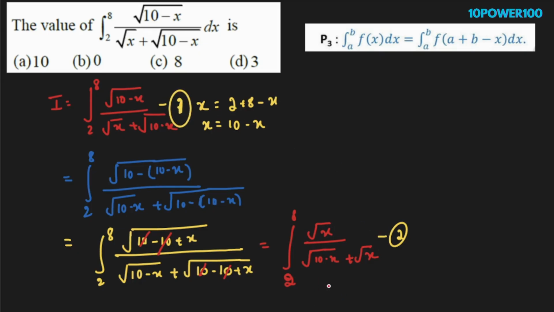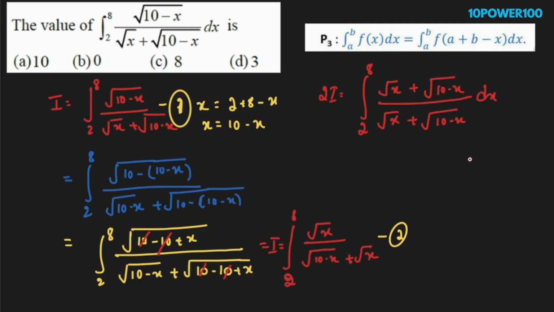Now if we add both of these, on the left hand side, I plus I becomes 2I. 2I is equal to, adding this numerator and this numerator, the limits are the same, 2 to 8, root x plus root 10 minus x whole divided by, if you observe, both denominators are the same, root x plus root 10 minus x dx.